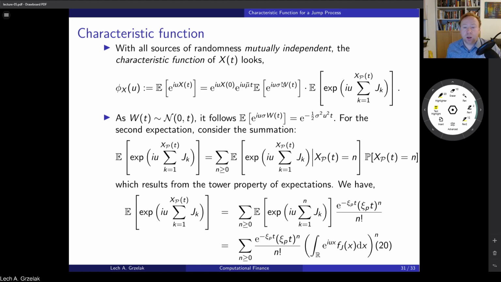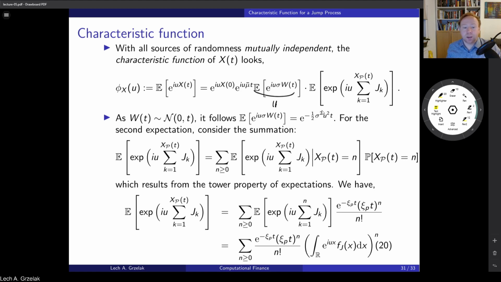We know also that Brownian motion follows a normal distribution with mean 0 and variance t. The expectation of this expression here is given in closed form. It is the exponent of minus half sigma squared u squared t.